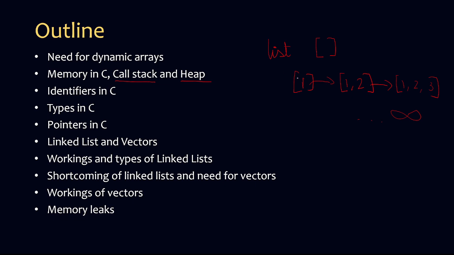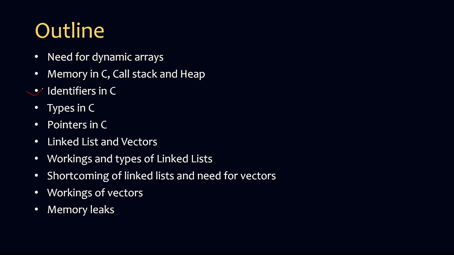So this is what's called a dynamic array. A list is a type of a dynamic array. We'll discuss this later on. But for this, just remember that these data structures that are available in something like Python, they too run on the same concepts of call stack and heap.